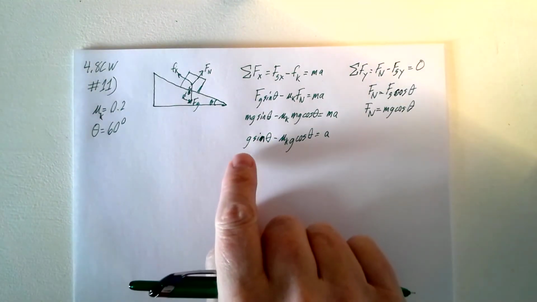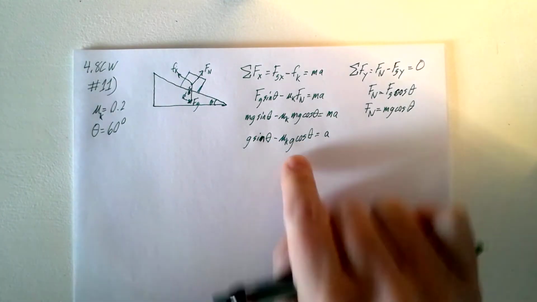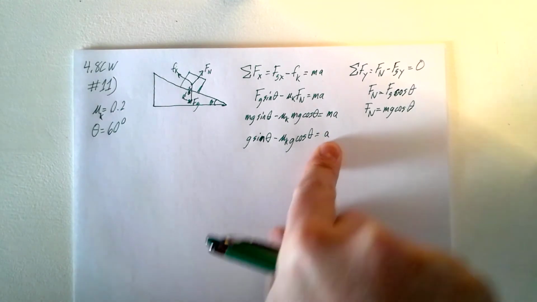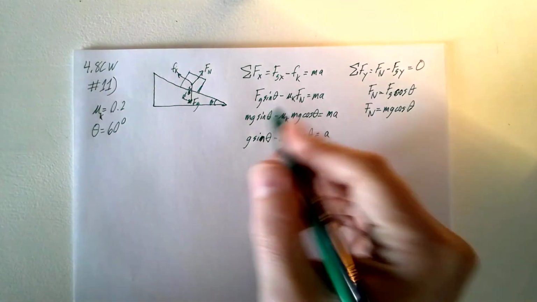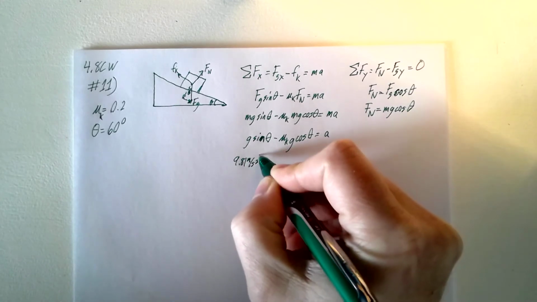All right, so we look, mu is given, g is a constant, and we know theta, given. So everything on this side of the equation we have a value for, and that is our acceleration.